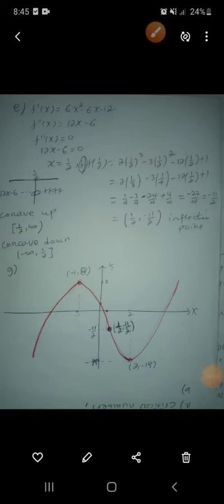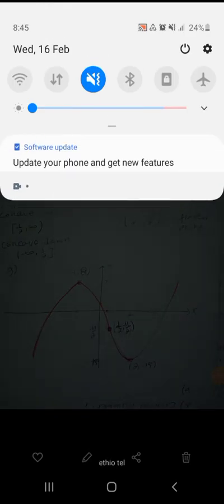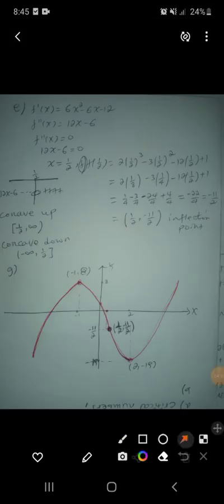And to sketch the curve, first we need to find the concavity interval and the inflection point. So to find them, first we need to find the number at which the second derivative is 0. Remember that the first derivative is 6x² - 6x - 12, so the second derivative will be 12x - 6. 12x - 6 is 0 at x = 1/2. So f(1/2) is the inflection point.